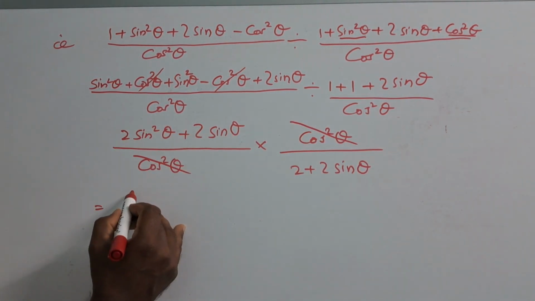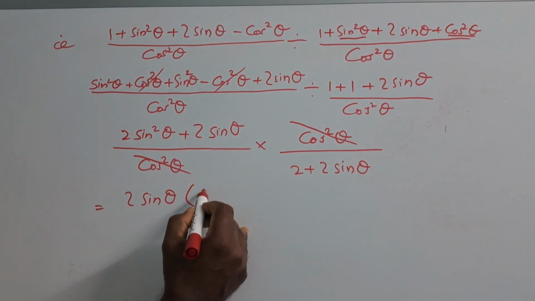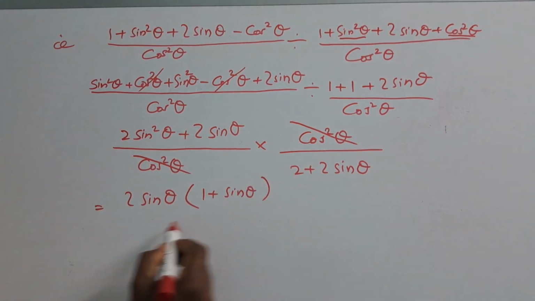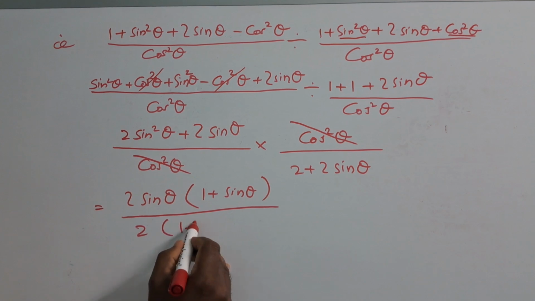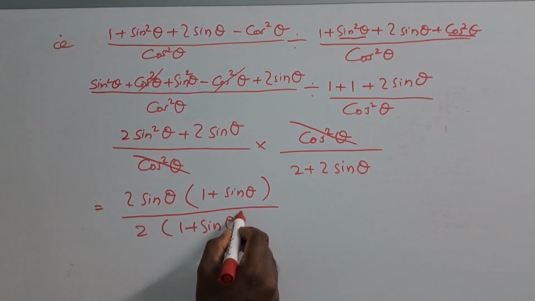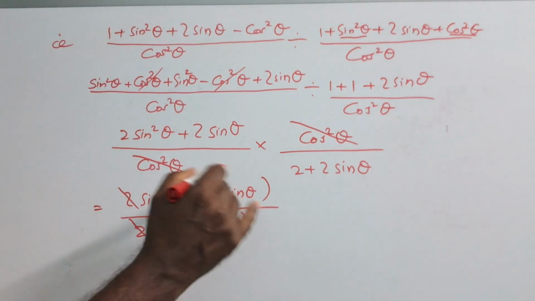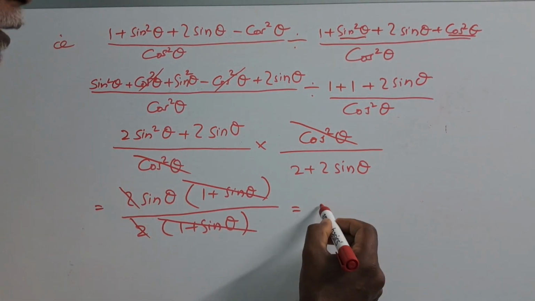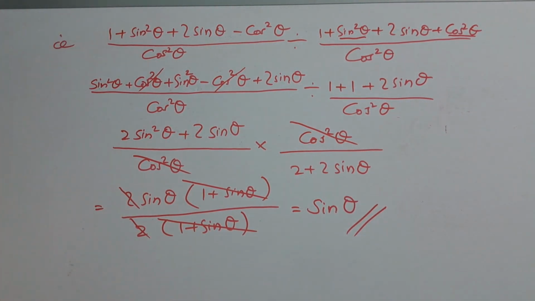We have 2 sin theta into 1 plus sin theta divided by 2 into 1 plus sin theta or sin theta plus 1. You can cancel 2 and 2, 1 plus sin theta and 1 plus sin theta. We have sin theta. This is the answer we need.